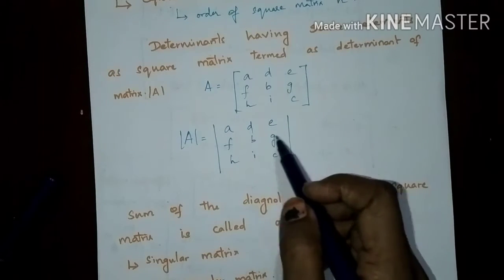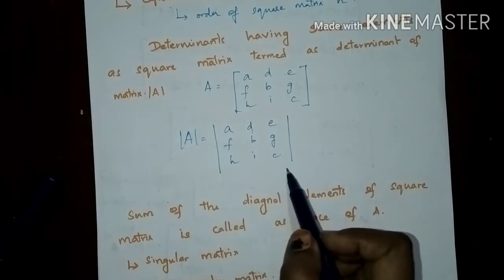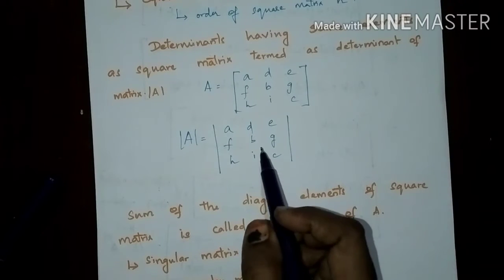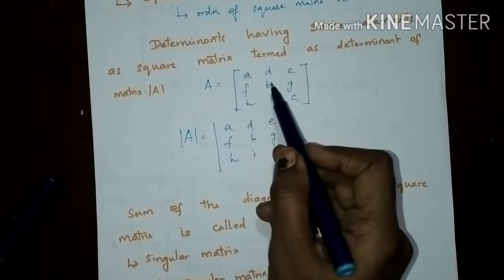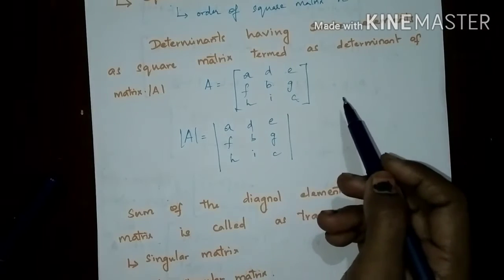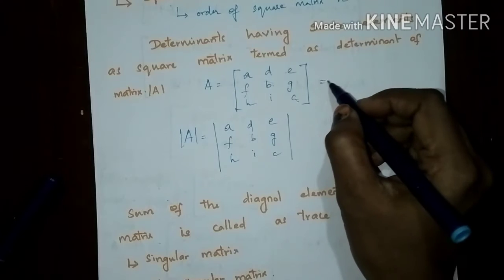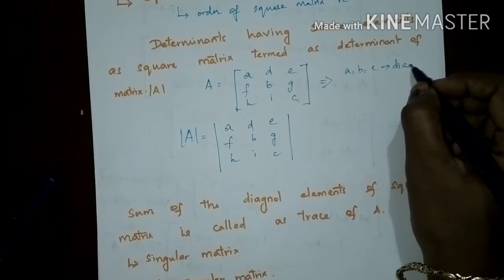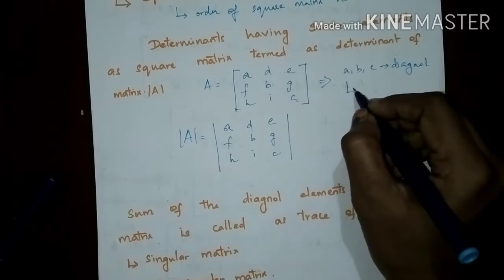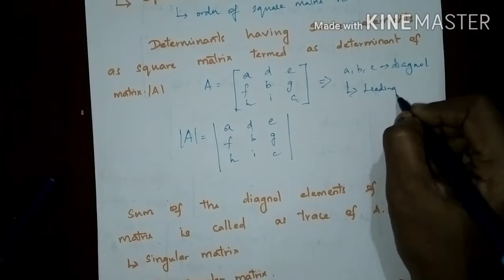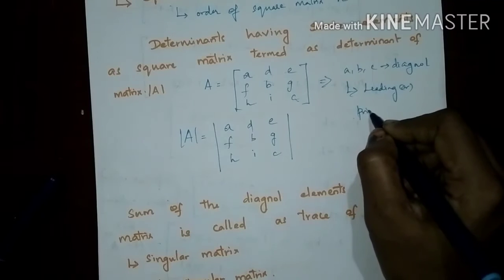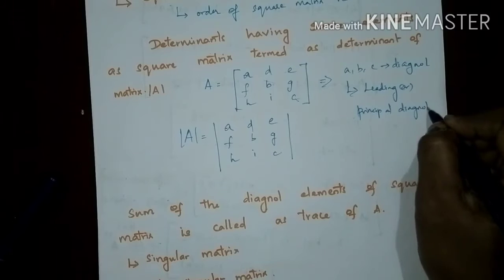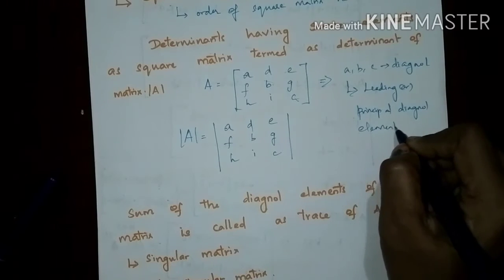As in a determinant, in a matrix also the diagonal elements are termed the principal diagonal or leading diagonal elements. So in matrix A, we have a, e, i as the diagonal elements, which are also termed leading or principal diagonal elements. Got it?